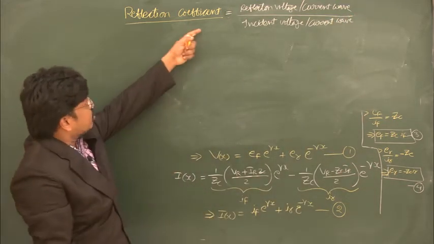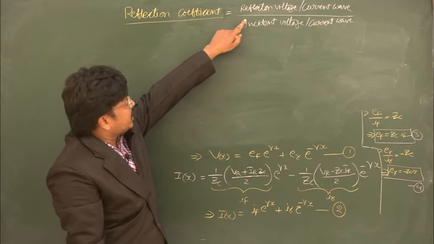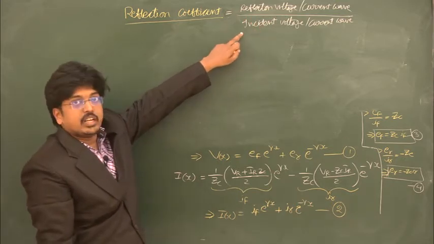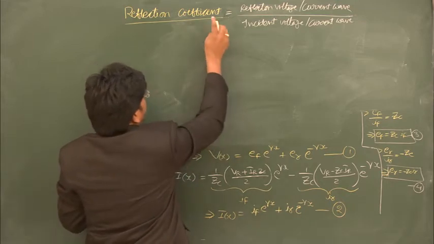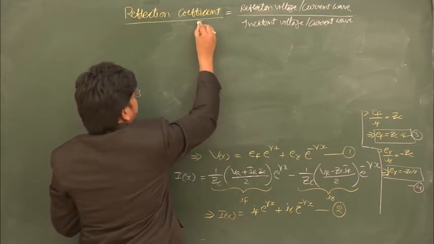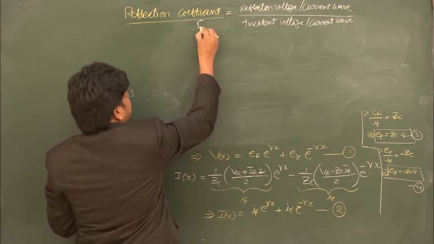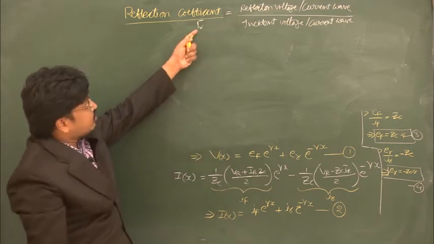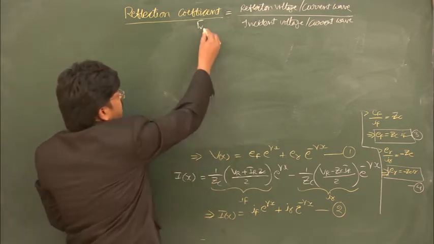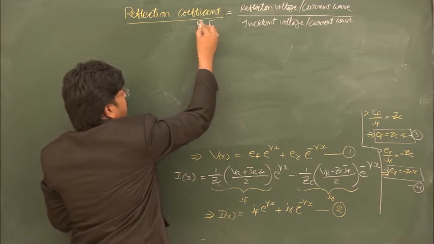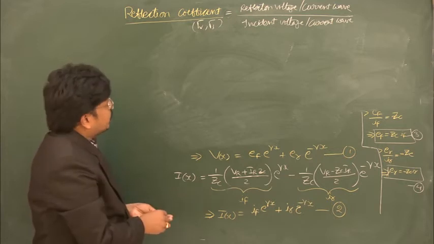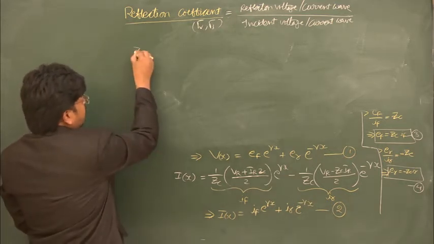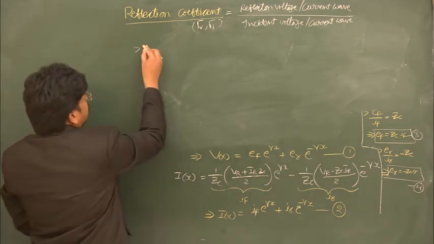Generally the reflection coefficient is denoted by the symbol theta. The suffix V is used for the reflection voltage coefficient, and similarly the suffix I is used for the reflection current coefficient. Now first we have to calculate the reflection voltage coefficient.